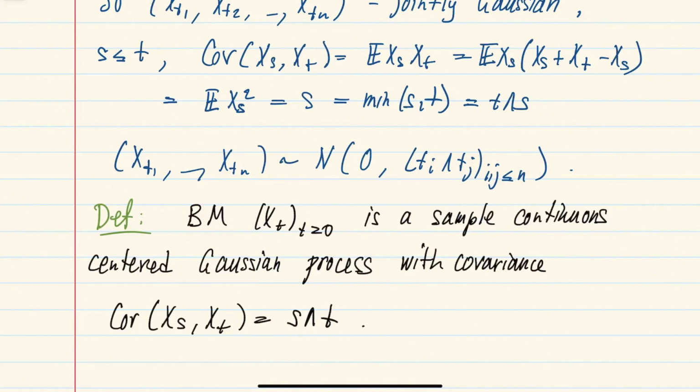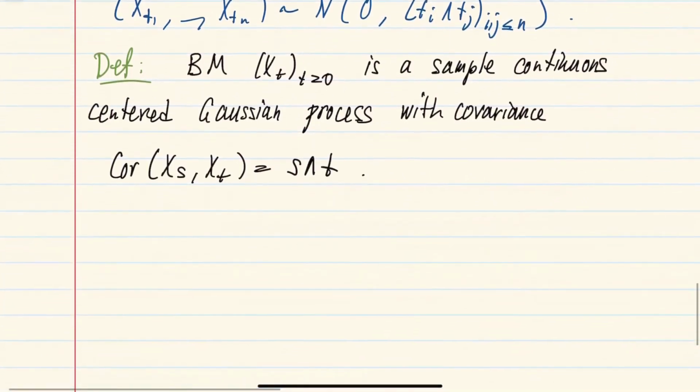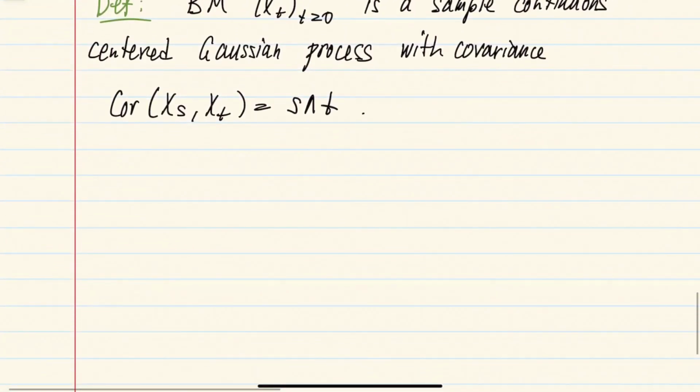In this definition, when we say that a process is Gaussian, we mean that all finite dimensional distributions are Gaussian. So a Gaussian process means that all finite dimensional distributions are Gaussian.